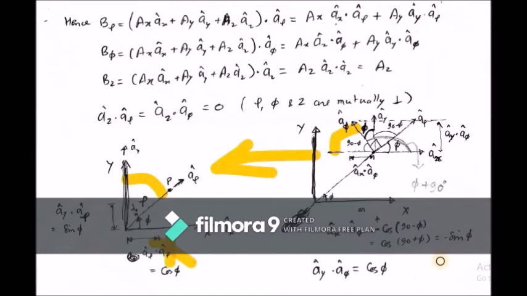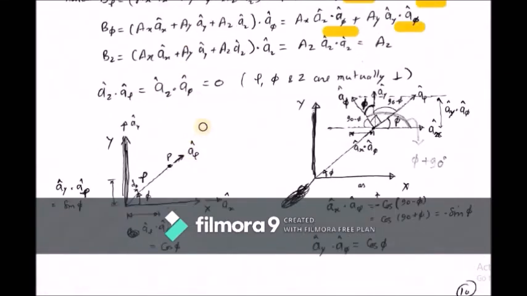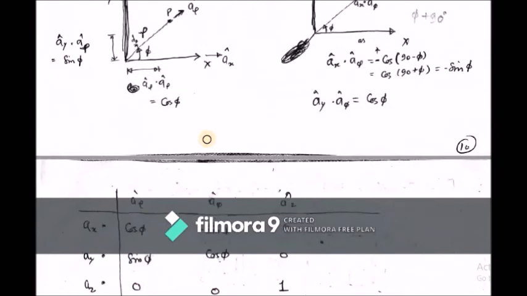Minus sin phi, and for a phi dot ay, I have to calculate the angle between a phi and ay. So the angle between a phi and ay is this, and this angle is phi, so a phi dot ay will be simply cos phi. Okay, so now you have all these four values, and I can write this as a matrix also.